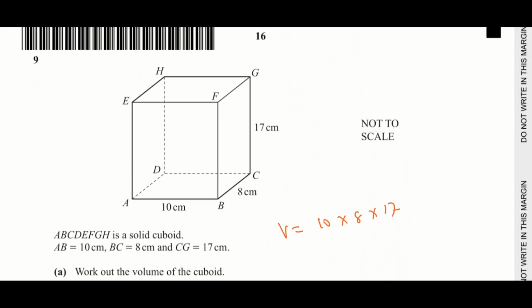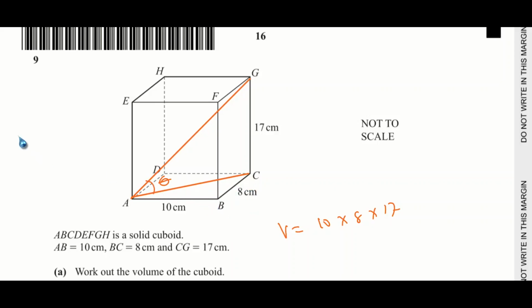Calculate the angle between GA and the base ABCD. Where is GA? This is GA, from here to this place, and ABCD. So let's draw a line for ABCD like this. So this is the required angle here, and we'll call this theta. So we need to find AC, which will be the hypotenuse.